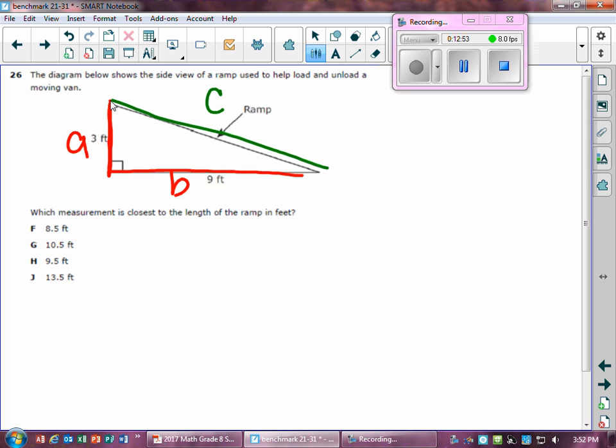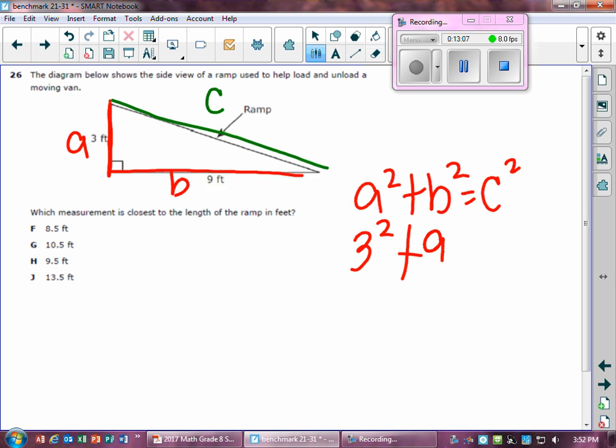We know A squared plus B squared equals C squared. So what are we solving for? We're solving for C. So A is 3 squared plus our B, which is 9 squared, equals C squared.